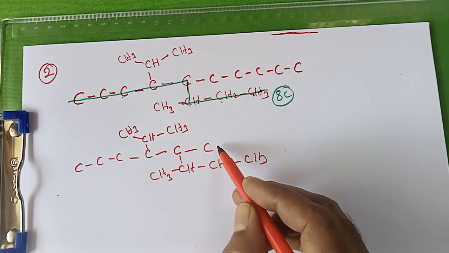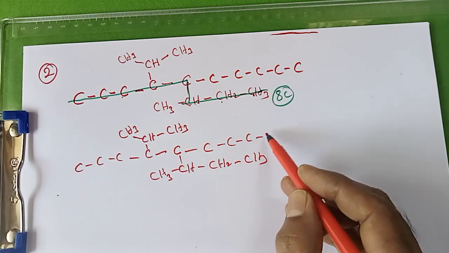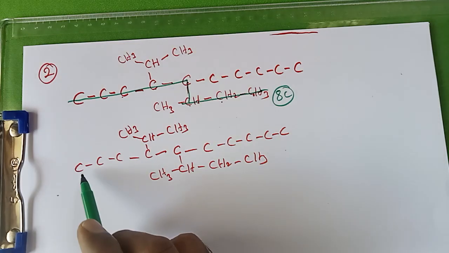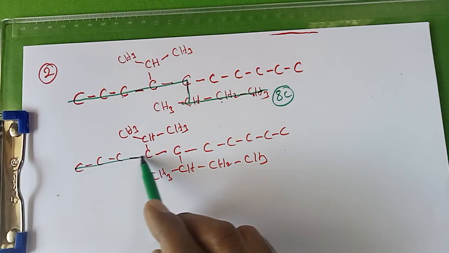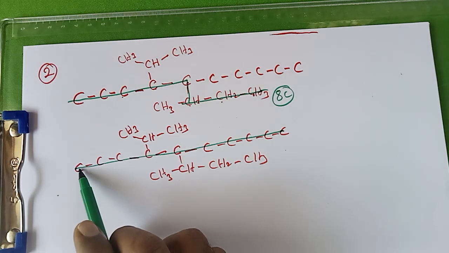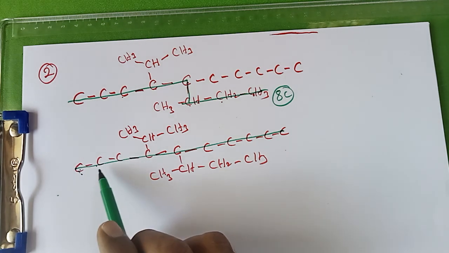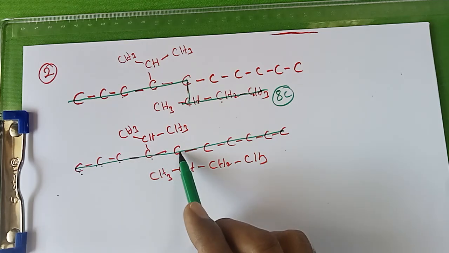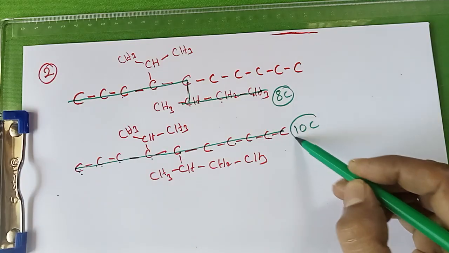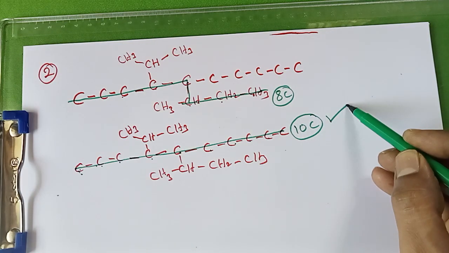Next C, C and C. For example, I select this as the parent chain. How many carbons are present? 1, 2, 3, 4, 5, 6, 7, 8, 9, 10. 10 carbons present. So this is selected as the parent chain.